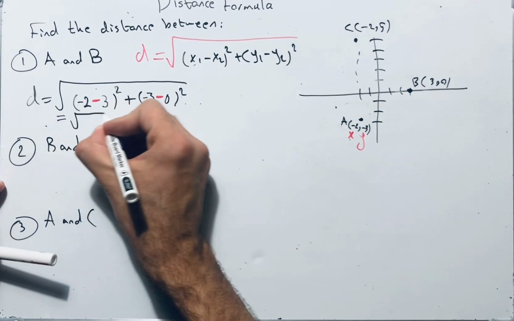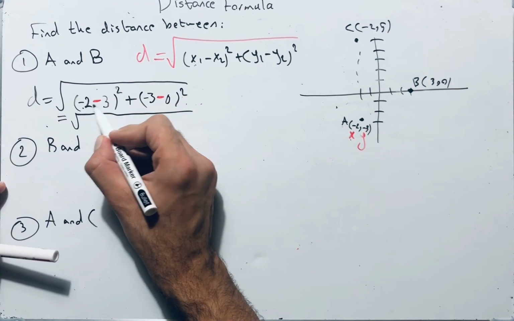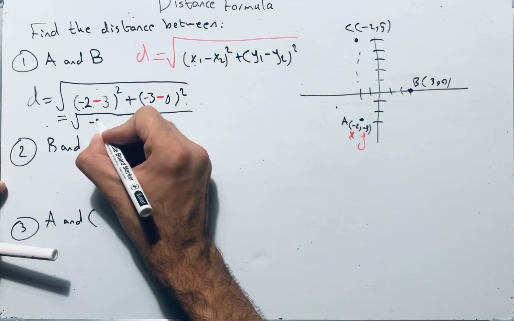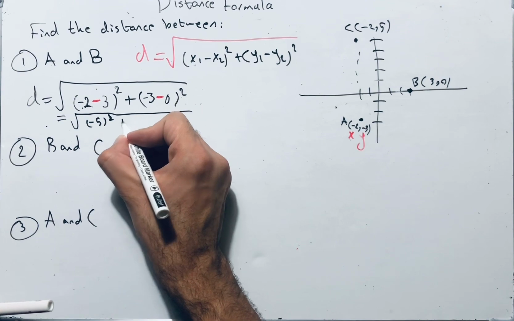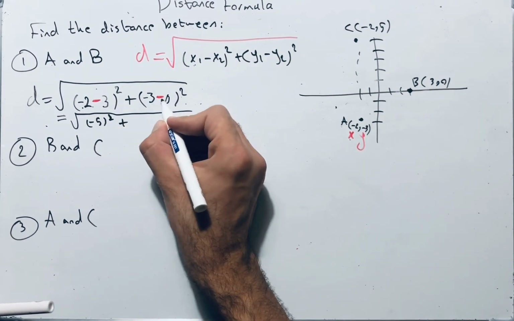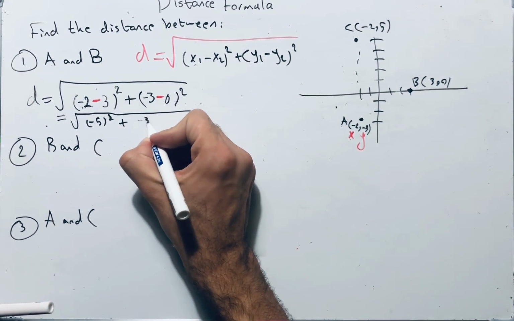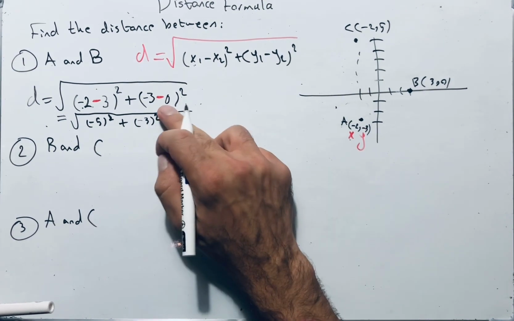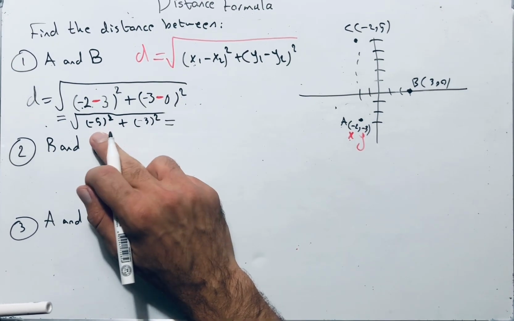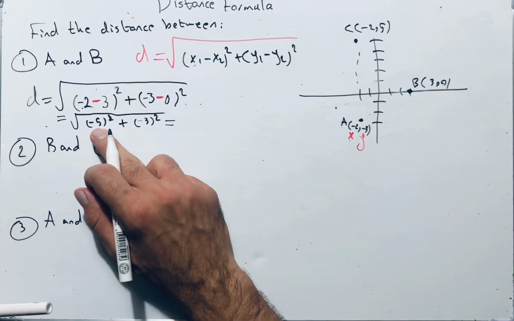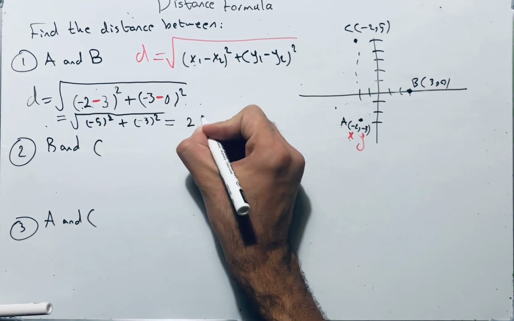So the square root of, -2 minus 3 is just -5, and then we have the power of 2, plus -3 minus 0 is just -3 to the power of 2. So -5 to the power of 2, anything to the power of 2 is positive. 5 to the power of 2 is 25.